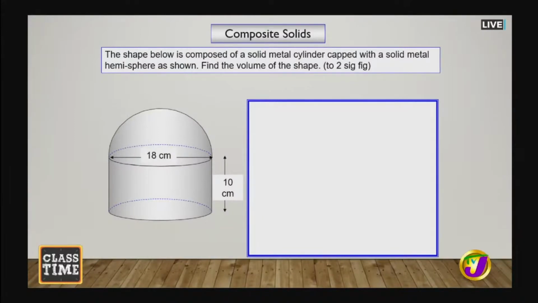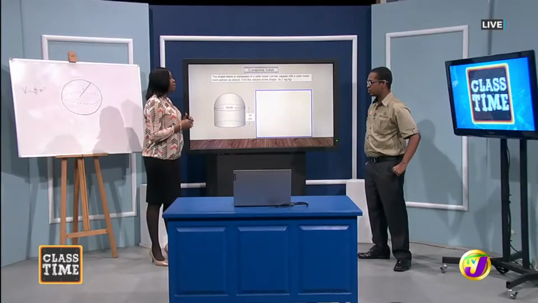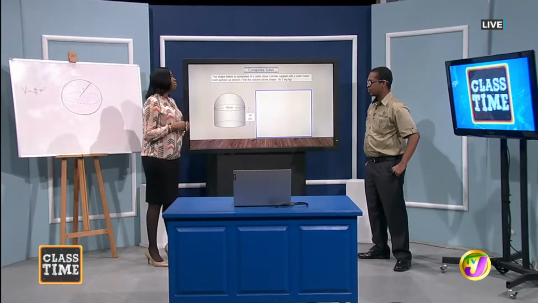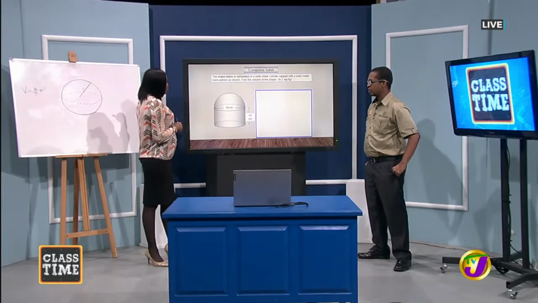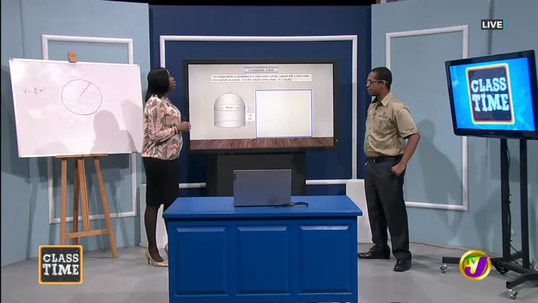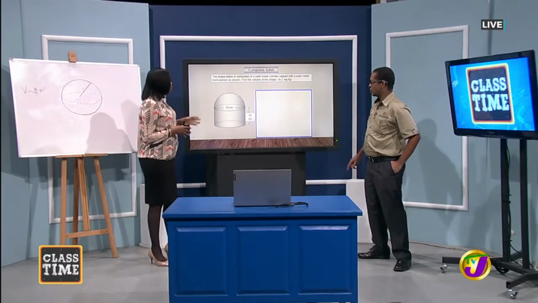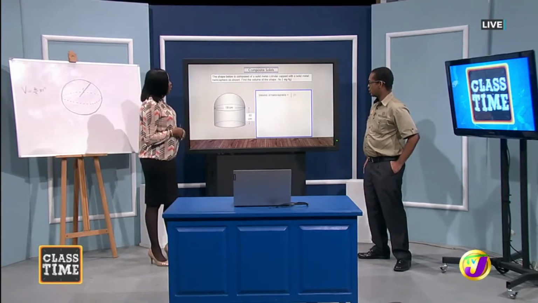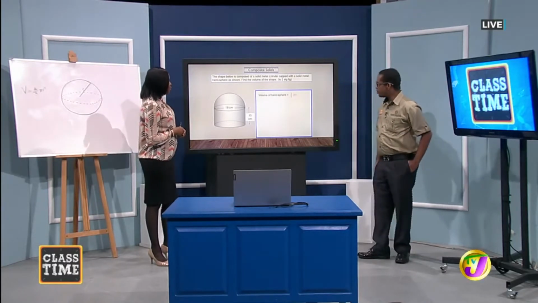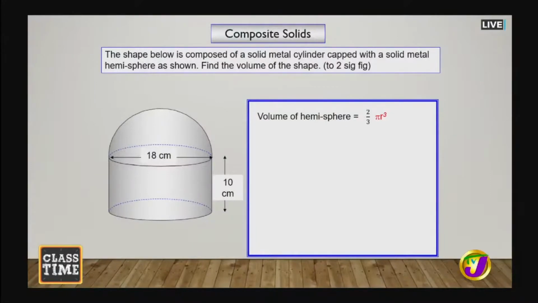The hemisphere is half of the sphere, so we would have to divide the volume of the sphere by 2 to get the formula for our hemisphere. That gives us 2 divided by 3 pi r cubed, or 2/3 pi r cubed.